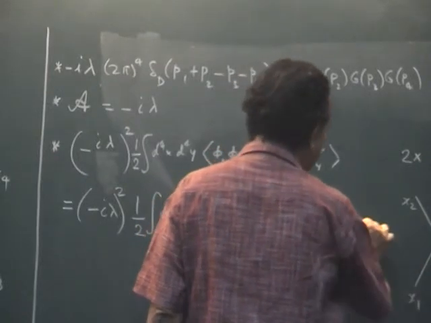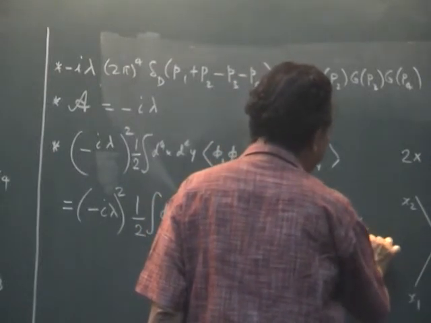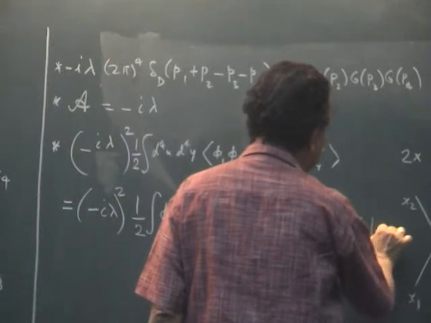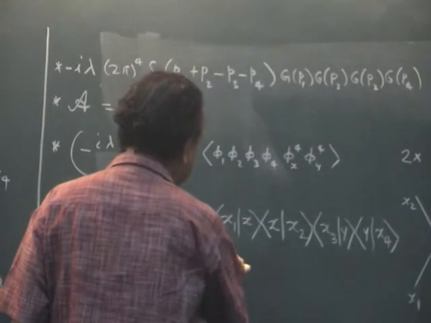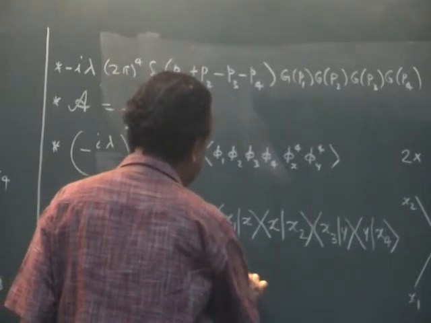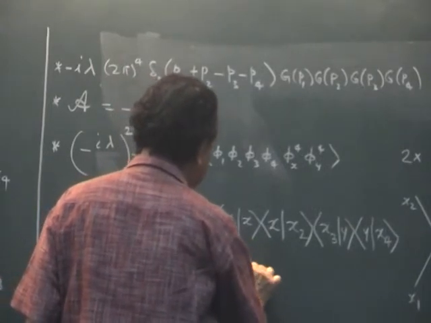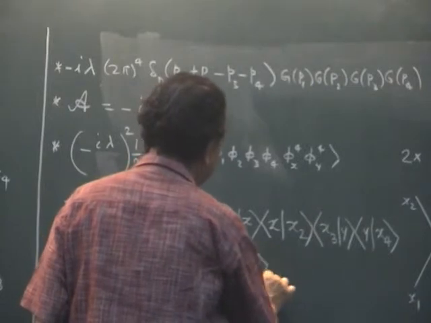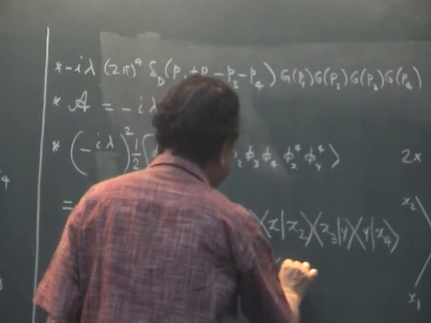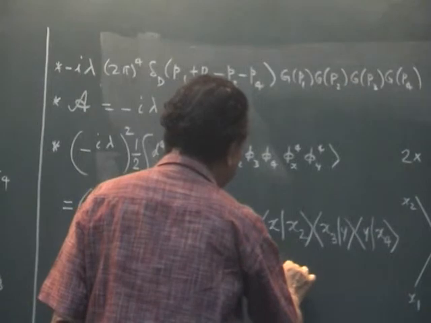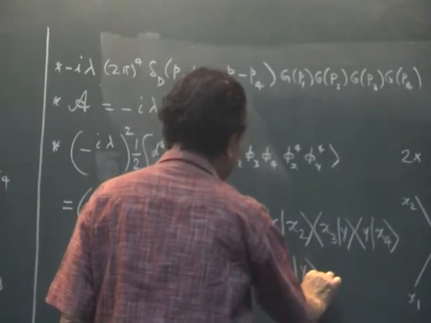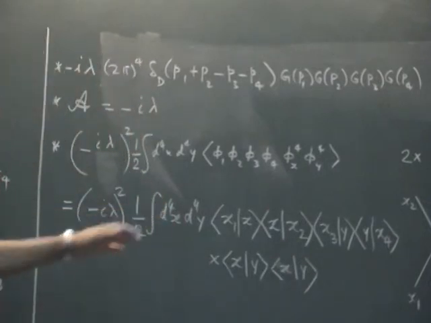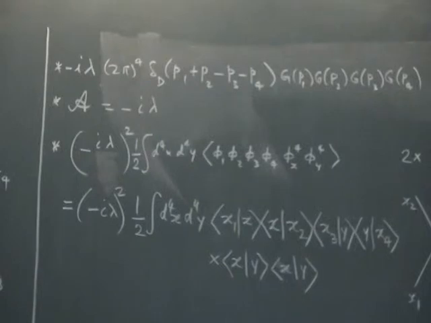You can just look at this diagram and write it down. Okay, but then it is multiplied by an xy and an xy. Could have written it as yx if you want to, but it doesn't matter. Okay, this is what we have. Now, what will this look like in momentum space? Let us try to figure that out.